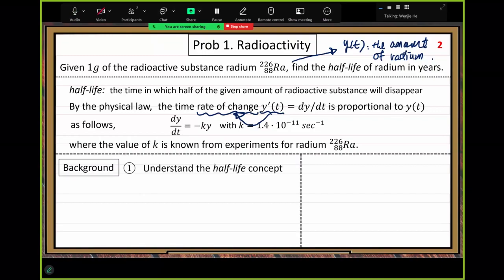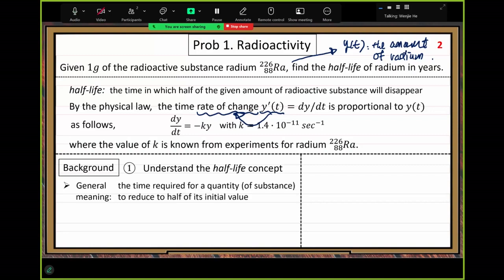The background. First, let's understand the half-life concept. The general meaning of half-life is the time required for a quantity of a substance to reduce to half of its initial value. That's the general meaning.